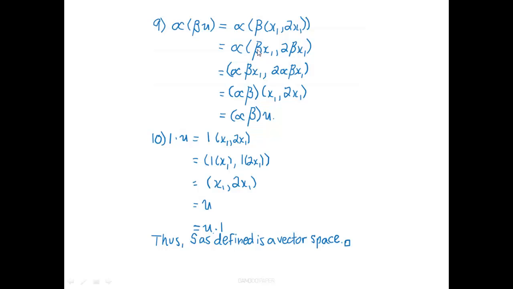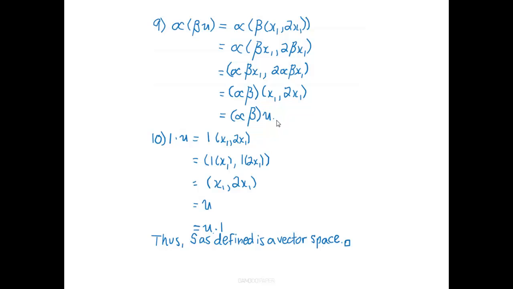This is (alpha beta x1, 2 alpha beta x1). Now alpha beta is a component, so I can pull out alpha beta together and that gives me alpha beta times (x1, 2x1). So we end up with alpha beta u, and this proves that our set S satisfies axiom 9.